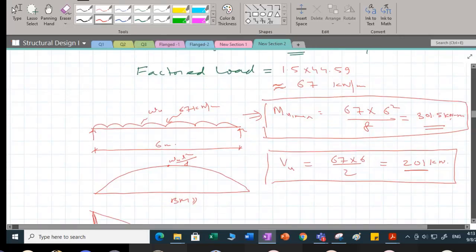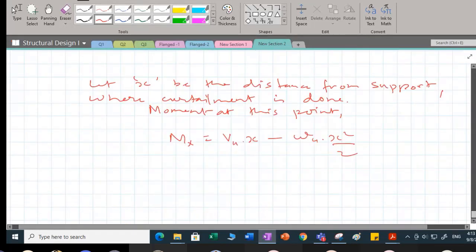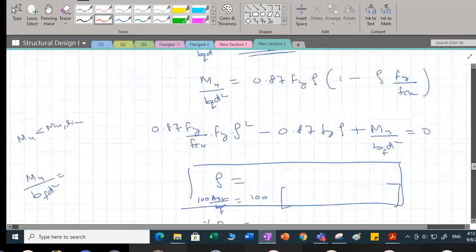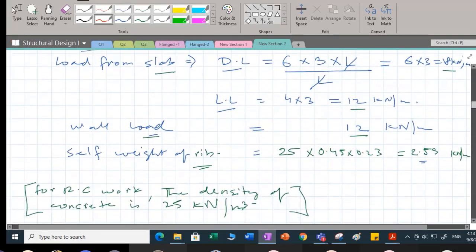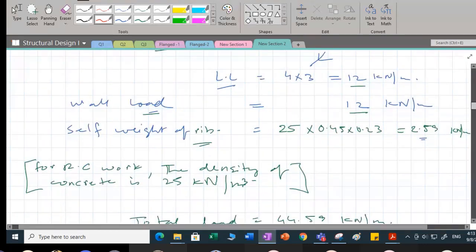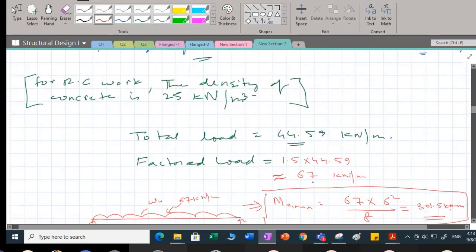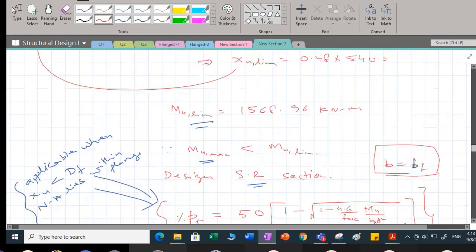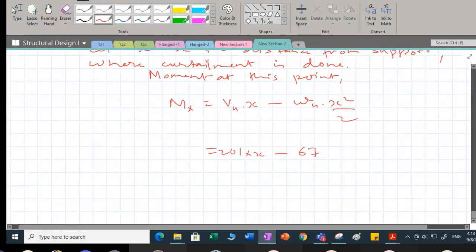It is 201 kilonewton, as you can see. 201 kilonewton into x minus W. What is the ultimate load? We had done this calculation. The ultimate load was 67 kilonewtons per meter. So 201 into x minus 67 into x square by 2.